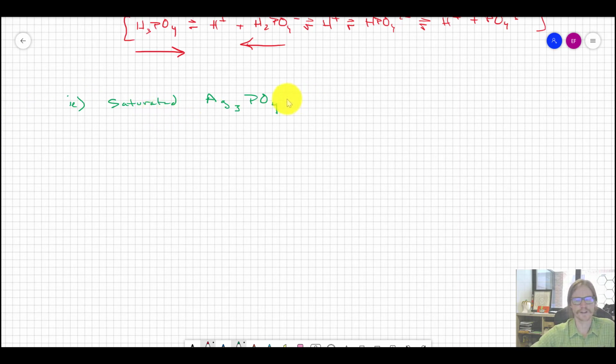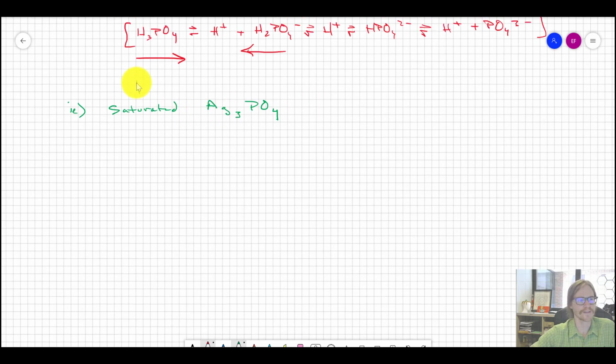or which you probably will be asked to write a mass balance equation, would be when you're not given an explicit concentration. So in this case, we're told that we have a saturated solution of silver phosphate. How can we use simply the stoichiometric relationship between silver and phosphate in this ionic compound to generate a mass balance relationship?